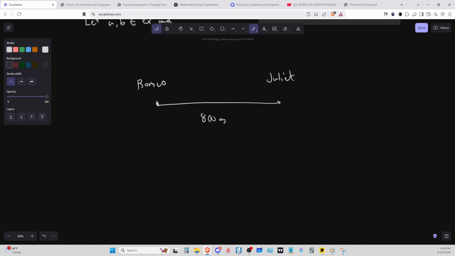Romeo runs at a speed of... So the R for Romeo is, what is it, 10.5456? I'm guessing that's meters per second or something. And then the velocity for Juliet is 6.545 meters per second. They're currently running towards each other. How long will it take them to meet, and how far is the meeting point from Juliet's house?